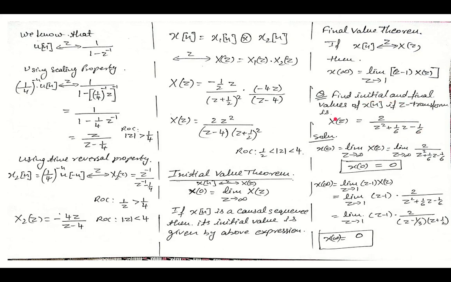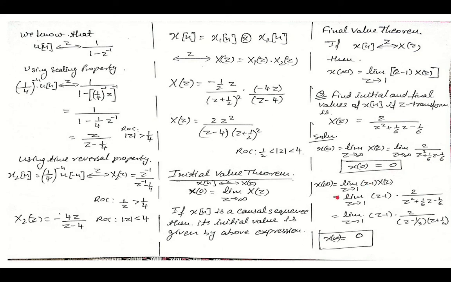In this we have to find the initial value, so we can utilize the property x[0] is equal to the limit z tends to infinity of X(z). If I put z equal to infinity in this equation, we will have 2 upon infinity. Anything upon infinity will give us 0. So my initial value will be 0.